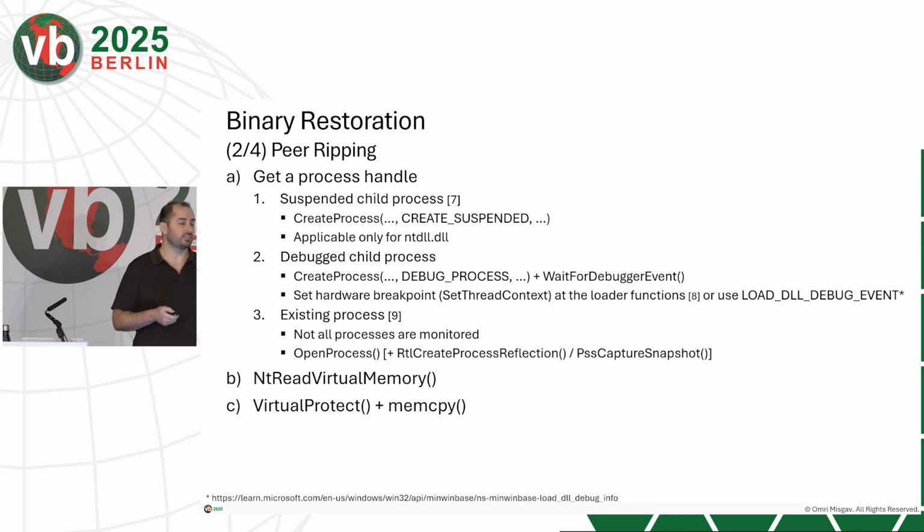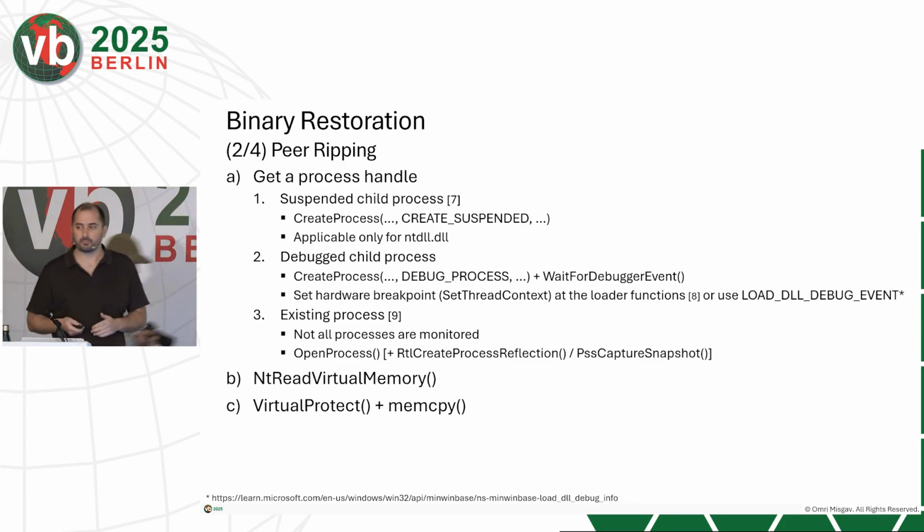Or they can just search existing processes, because not all processes are being monitored. So they can iterate the running processes, look it up there, read the process memory, and again restore the code with VirtualProtect and memcpy.